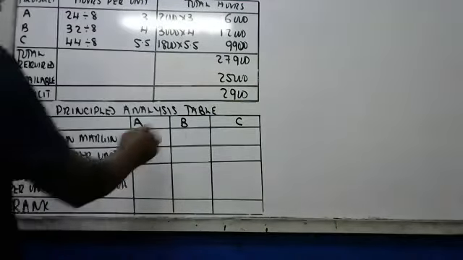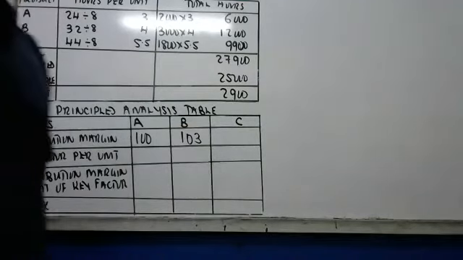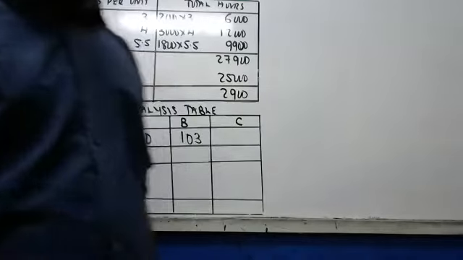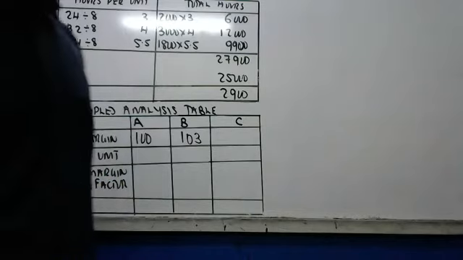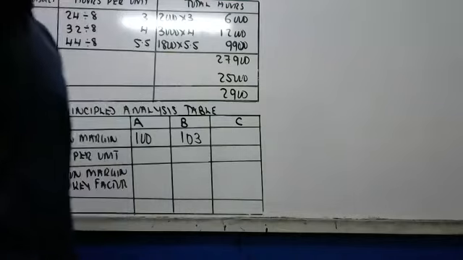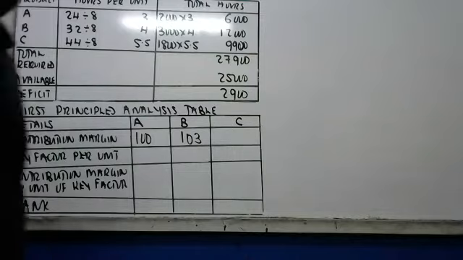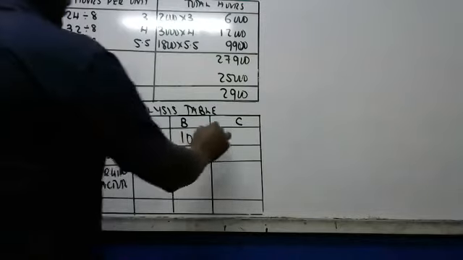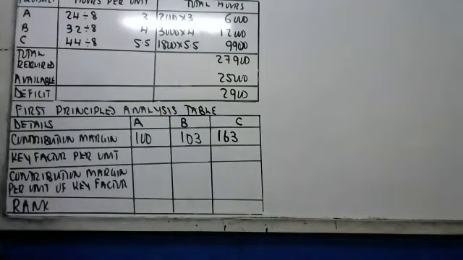You can see that is 103. Let us go to C. Take that selling price, subtract. Here's 163. We have 163.